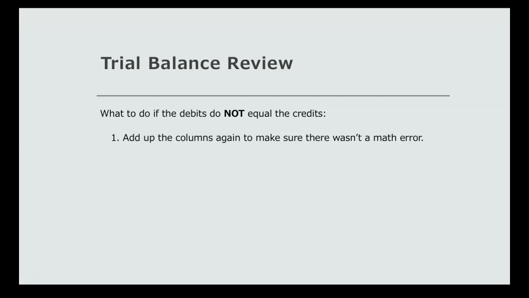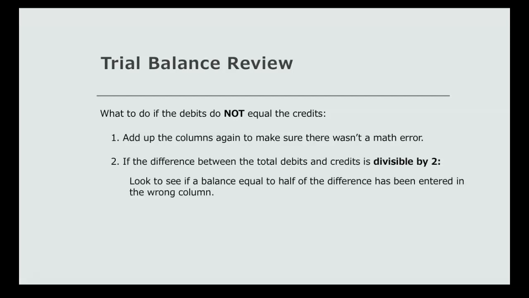If your math all looks good, then we need to think about the difference between our total debits and total credits. So if you take your total debits and subtract your total credits, and that difference is divisible by 2, then you need to try to find a balance that's equal to half of the difference to see if it's been entered into the wrong column.